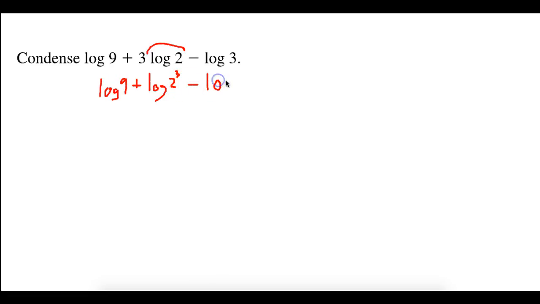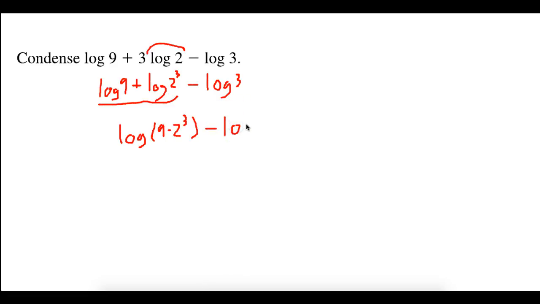Now the next thing we can do is take our first two and take the sum of these two. That's equal, using our product property, to the log of parentheses 9 times 2 to the third, end parentheses, minus log of 3.